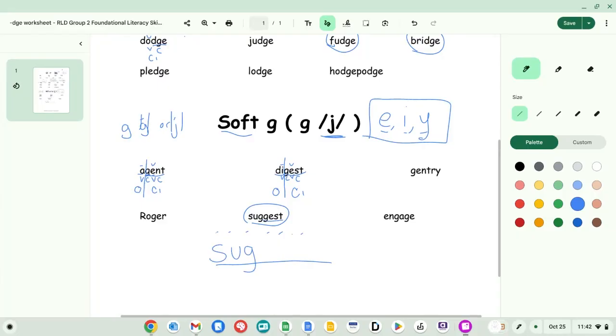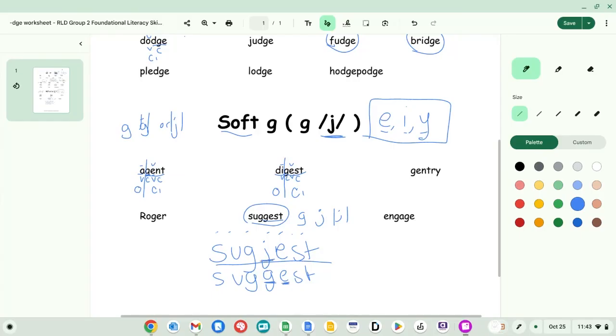J-E-S-T. So there's the G and the J that could spell J. So we could spell it as S-U-J-E-S-T, or we could try it as S-U-G-G-E-S-T, because we do have that E right next to this sound here.